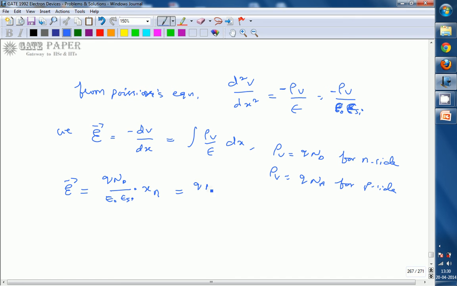Otherwise, you can write it as q times Na divided by epsilon naught epsilon silicon into xp.